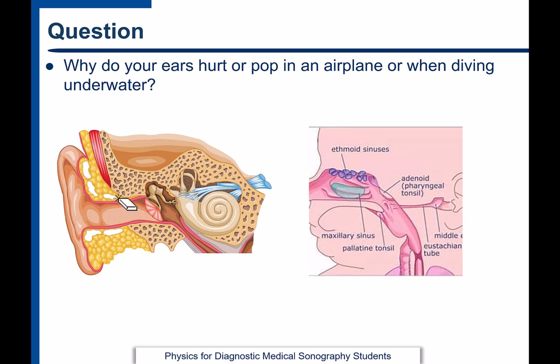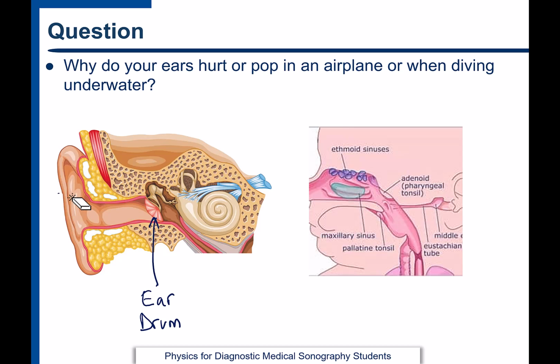And so one of the cool things about human anatomy is that there is a way to equalize the pressure. Okay? So again, that's the eardrum here. That's what blocks the inner part from the outer part. And if there were no way in here, then whenever the pressure got higher or lower out here, it would make your ear hurt.